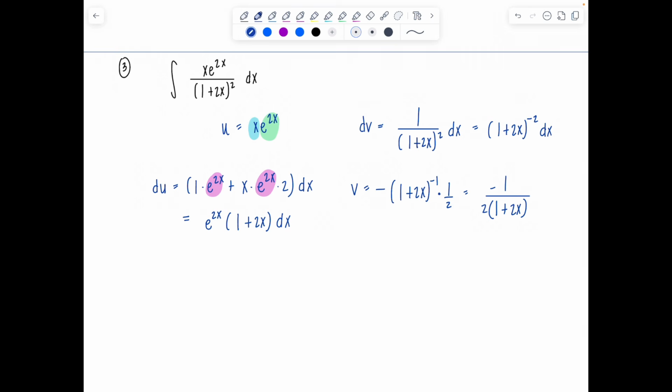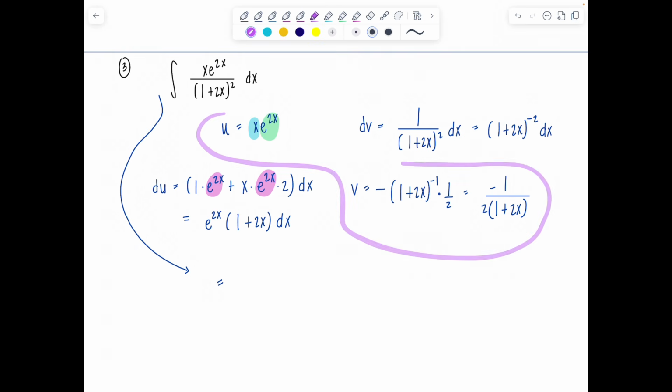So here we go. This is going to equal u times v. U times v is all of this. So we'll have x e to the 2x times negative 1 over 2 times (1 plus 2x), minus the integral of v du.